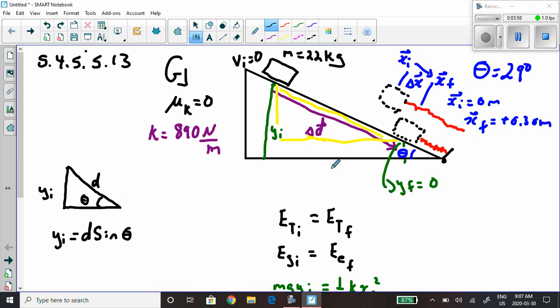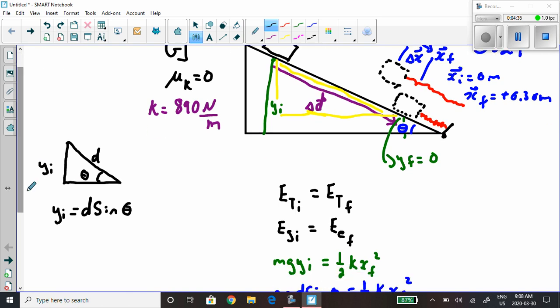Since this line and this line are parallel, and here's the common intersecting line, we would get theta in here as well. I'm sure you all know that. So here's my y initial, one side of the yellow triangle, and here's the distance that it travels, the hypotenuse of this imaginary triangle. By the trig ratio that opposite over hypotenuse is sine, I get that this height, y initial, is equal to d sine theta.